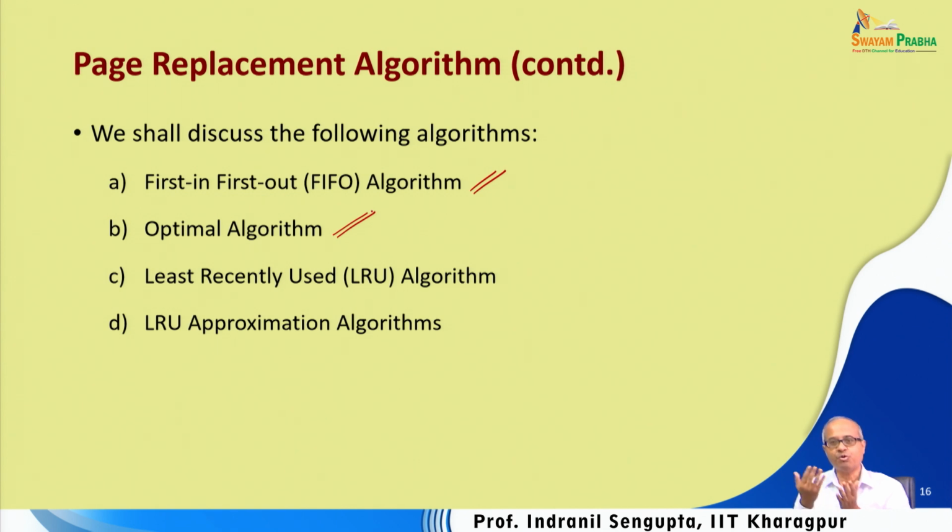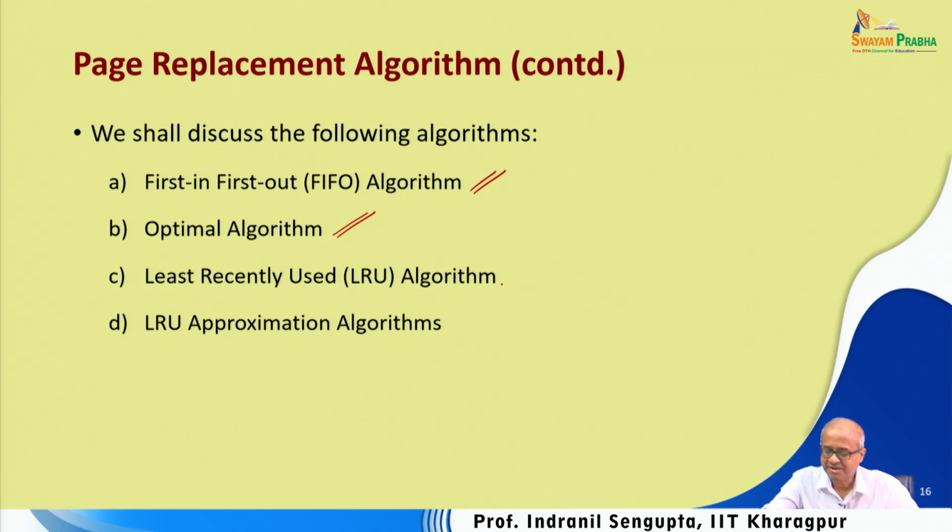But for that you will have to go to an astrologer, you will have to see the future. That is why I said the optimal algorithm cannot be implemented. It is a theoretical kind of study. You replace the page that will be used farthest away in the future. It will not be accessed in the near future.